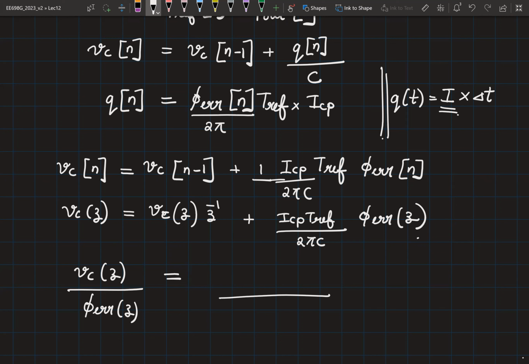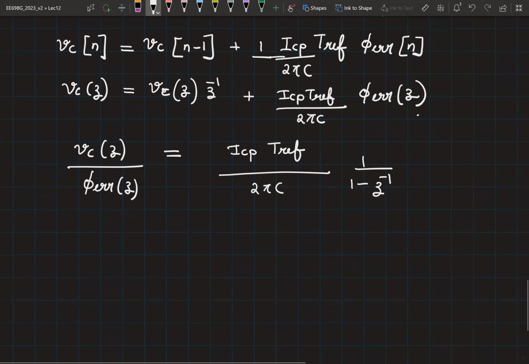Some confusion? So this divided by 2 pi C into 1 by 1 minus Z inverse.